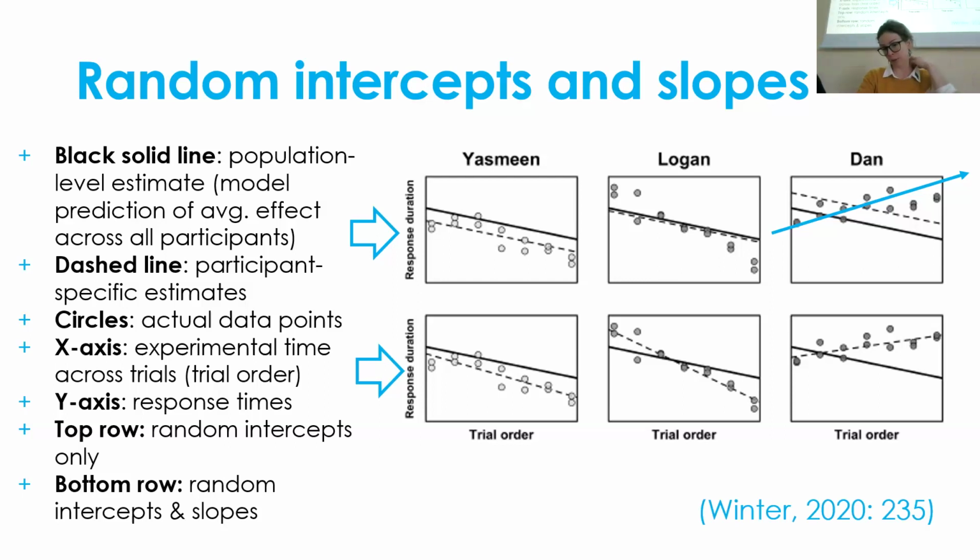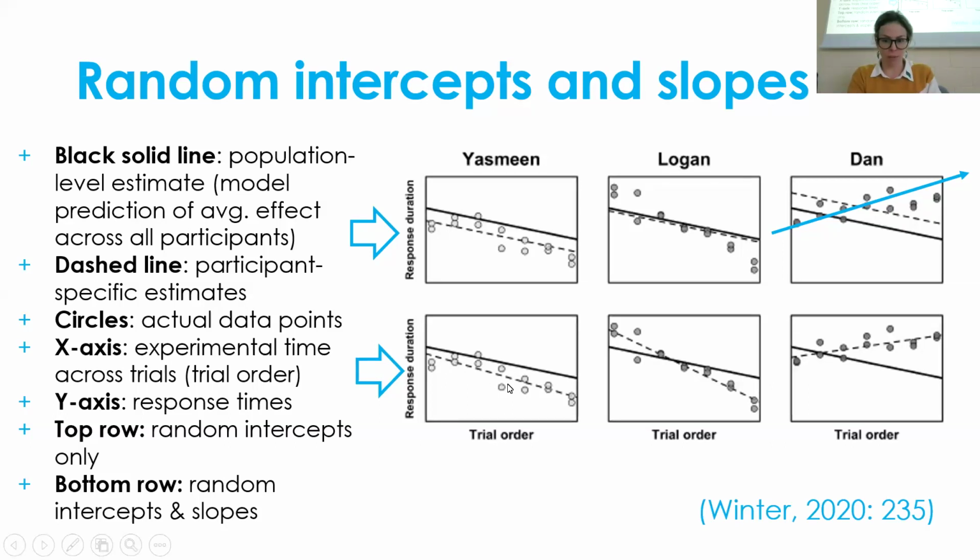So this is a situation in which we fit a random intercept for trial. Now, if we move to the bottom part of the graph, we have random intercepts and slopes. We see that these dashed lines, so the predictions, are still hitting the vertical axis at different heights, but the angle of these lines is also allowed to change. This allows us to capture the variability between these participants, some of which naturally get faster, some others get slower, more precisely.